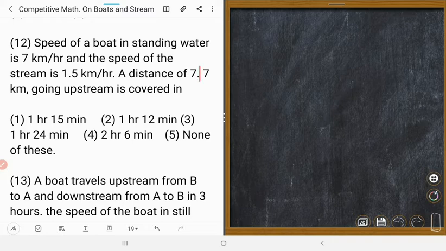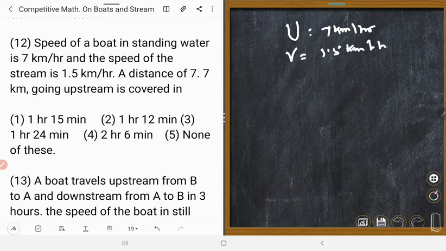The speed of the boat in still water is 7, that is U is equal to 7 km per hour. And the speed of the stream, that is V, is 1.5 kilometer per hour.